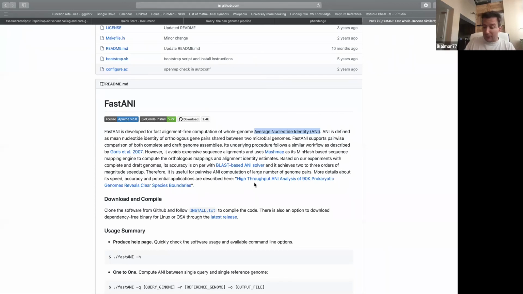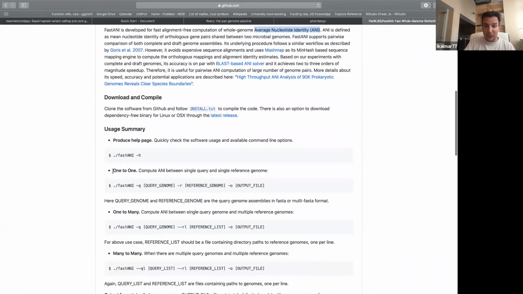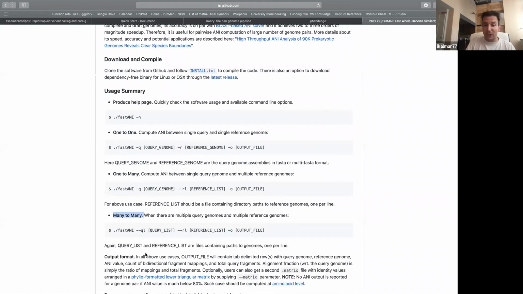And then you use the screen function. I would use the screen function of Mash much more, or use FastANI. As you can see, FastANI is also able to compare one-to-one, one-to-many, or many-to-many. This is what you need, many-to-many, when you want to end up with a distance tree, of course, within a big pack of genomes.